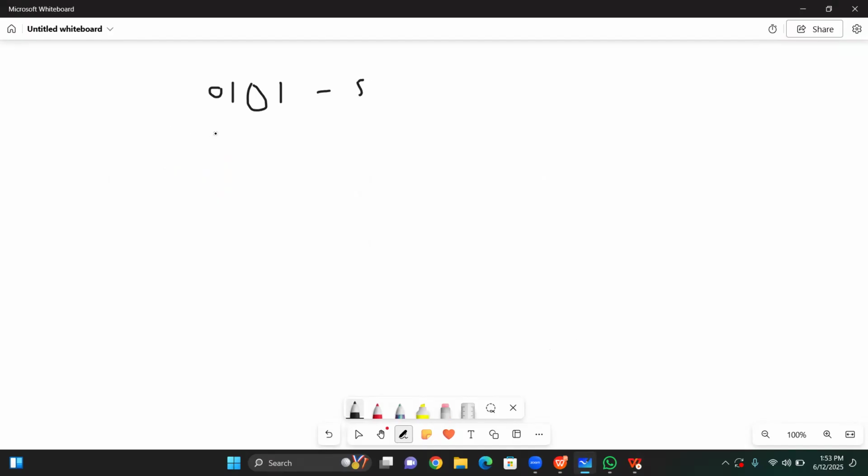If I want to do 5 plus 5, because both of them are the same number, I just want to show you a trick. If we do this, 1 plus 1 will give us 2. 2 divided by 2 will give us 1 remainder 0. So we'll write the remainder here and carry that 1. So 1 plus 0 will give us what? 1.